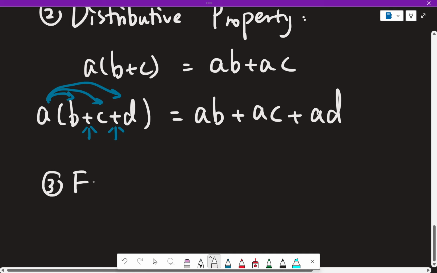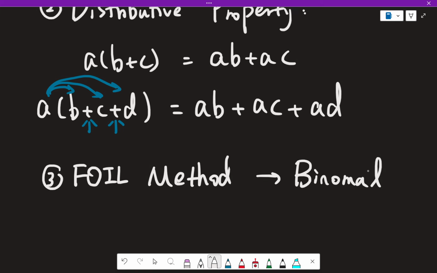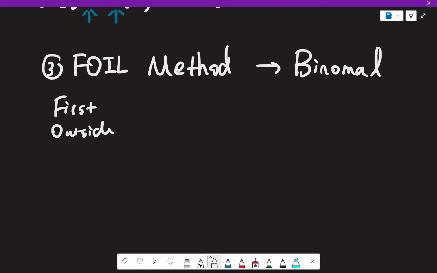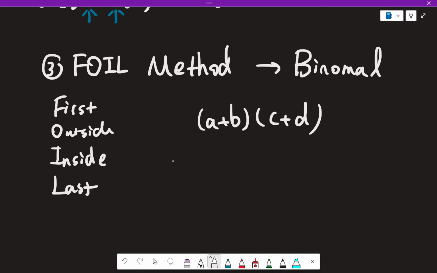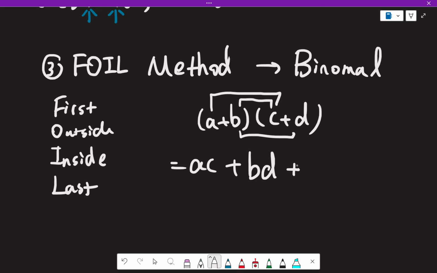And the third one, we have our FOIL method. And this method is specifically designed for binomial multiplication. So FOIL stands for first, outside, inside, and last. So when we have something like (A plus B) times (C plus D), which is equal to first, A and C, plus outside, B times D, plus inside, B times C, and last.